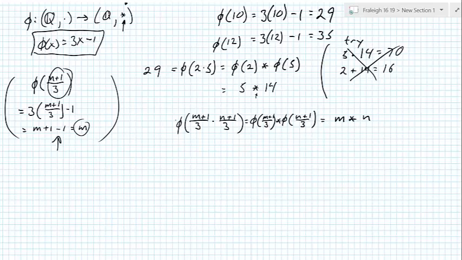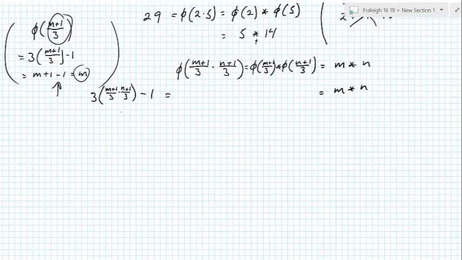But the benefit of doing it this way is I can also go the other way. I know this has to be 3 times (m plus 1 over 3) times (n plus 1 over 3) minus 1. And that will be equal to m star n.